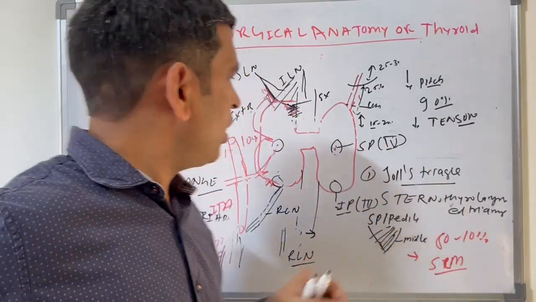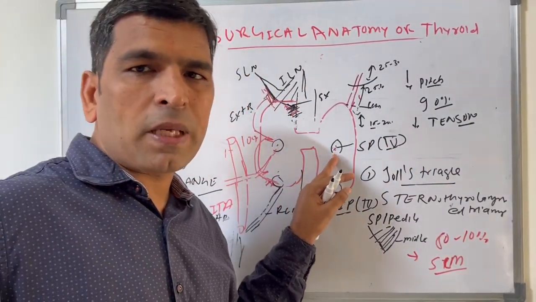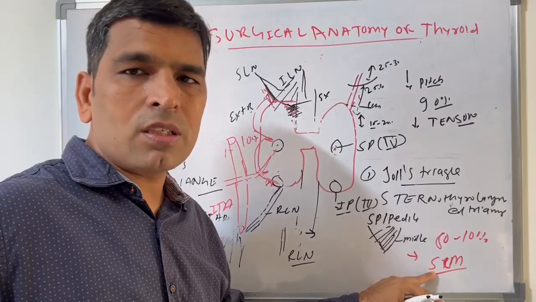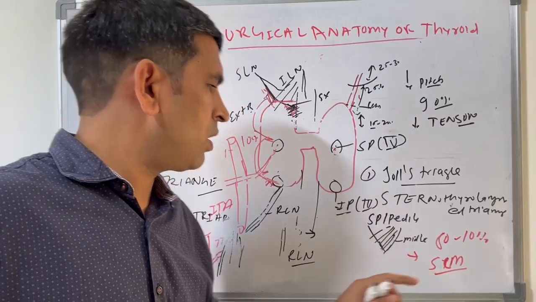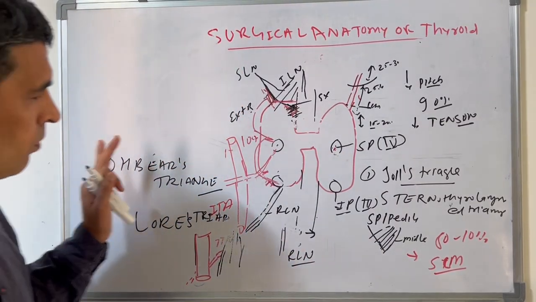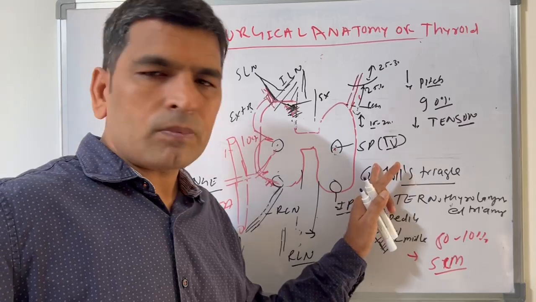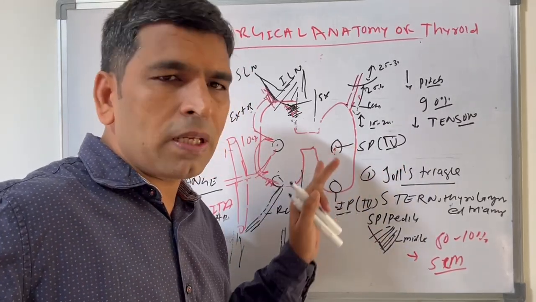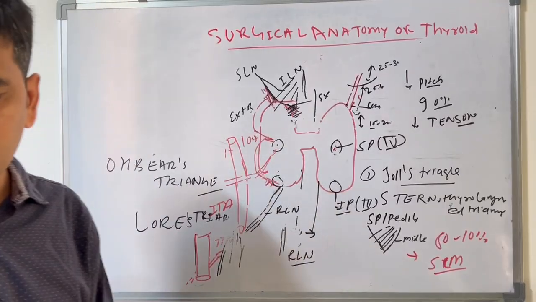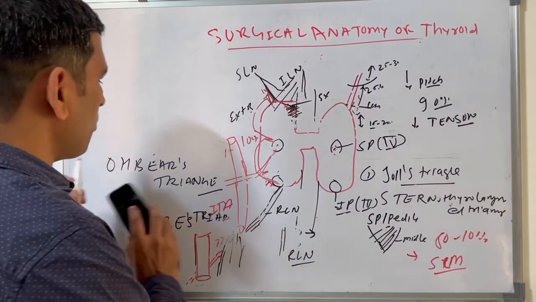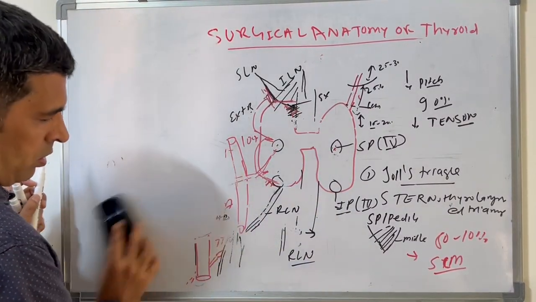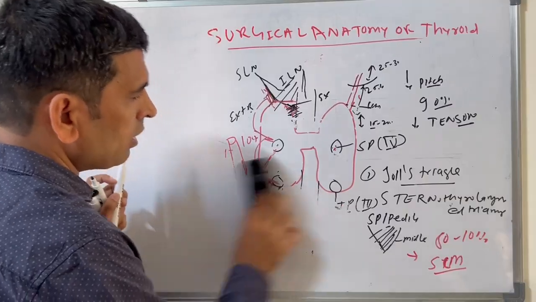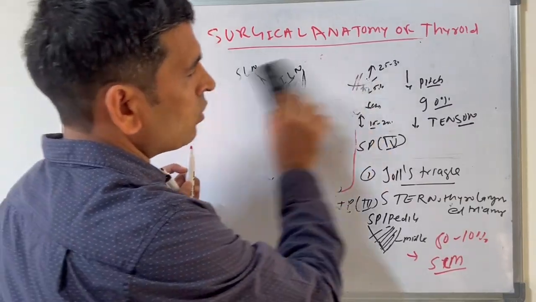You can make 20 or 30 pieces of this parathyroid and implant them in the sternocleidomastoid muscle. So this parathyroid is important for preservation of its blood supply during thyroid surgery. Otherwise, patient will have more morbidity than the thyroid surgery itself.